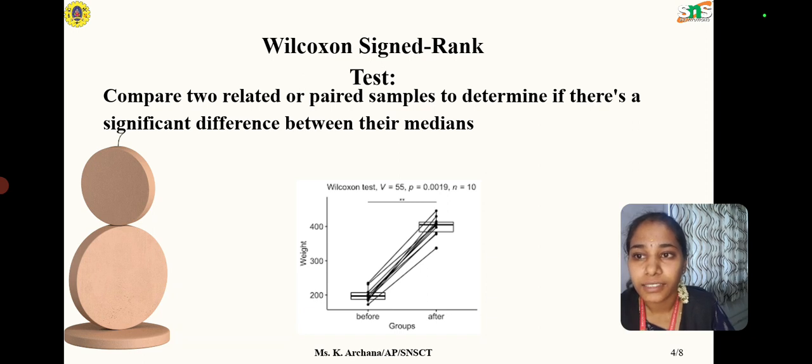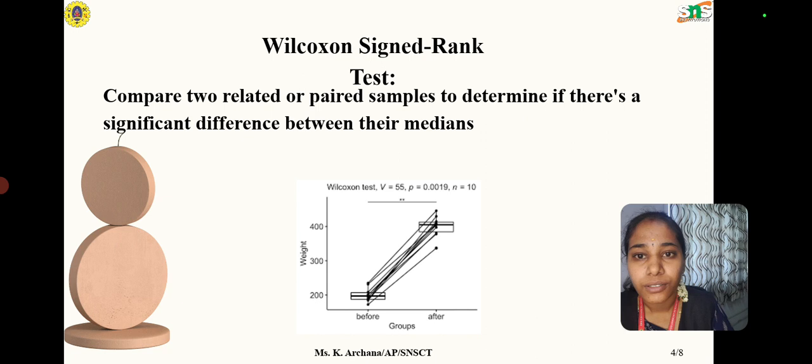Wilcoxon signed rank test compares the test before and after. For example, we can take beetroot juice. We plan to take beetroot juice continuously for 3 weeks to check whether it is good or bad for our body. Before and after, we can take body weight.